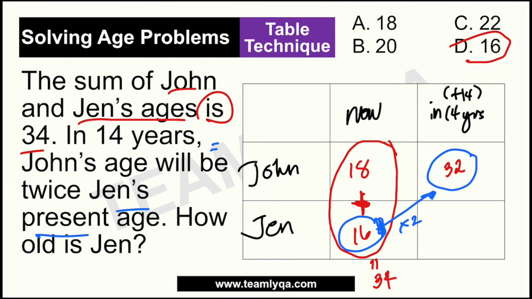Okay, bakit? Kasi 18 plus 16 is 34. At kung i-check ko naman ito, again, kung 18 si John ngayon, in 14 years, magiging 32 years old ba siya? The answer is yes, kasi 18 plus 14 is 32. So, ibig sabihin, tama tayo dyan. The correct answer indeed is letter D, 16.